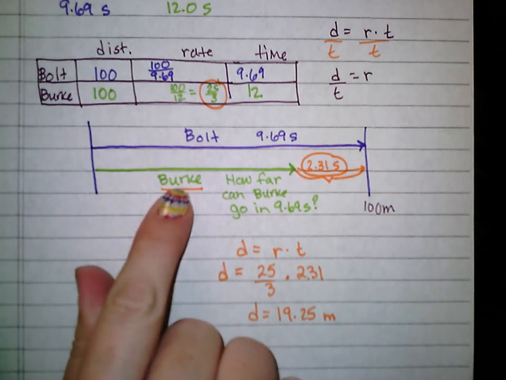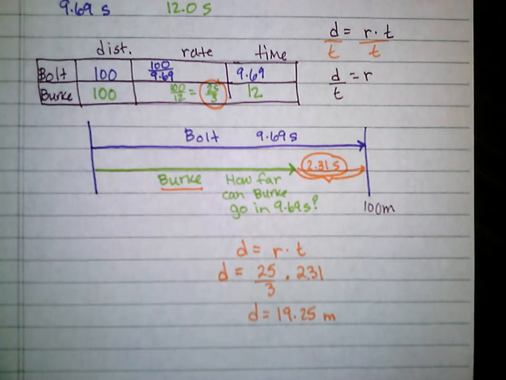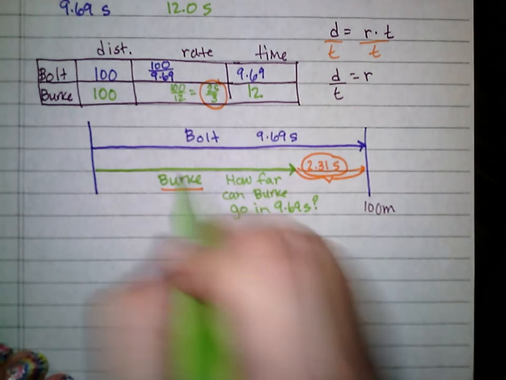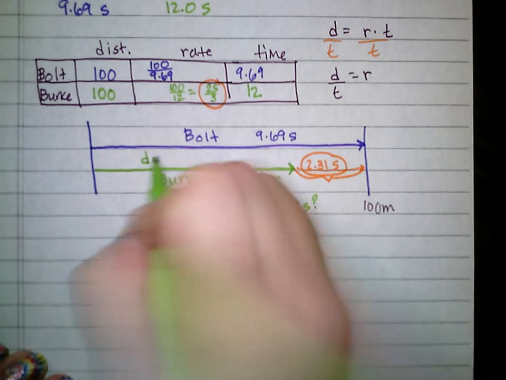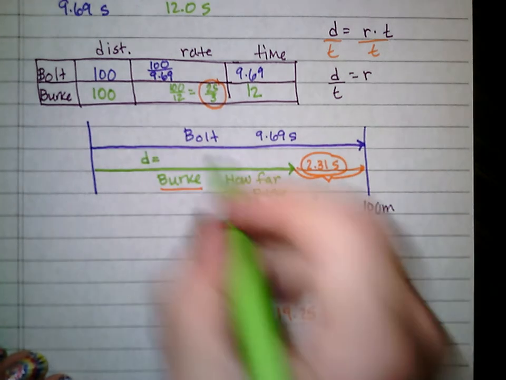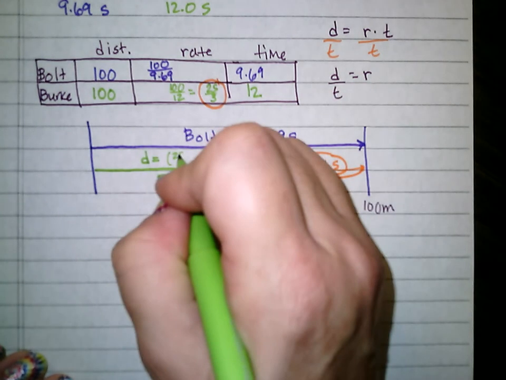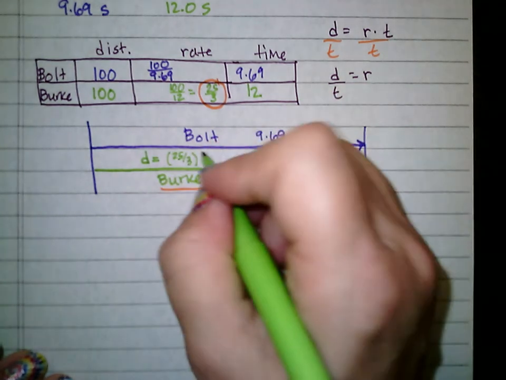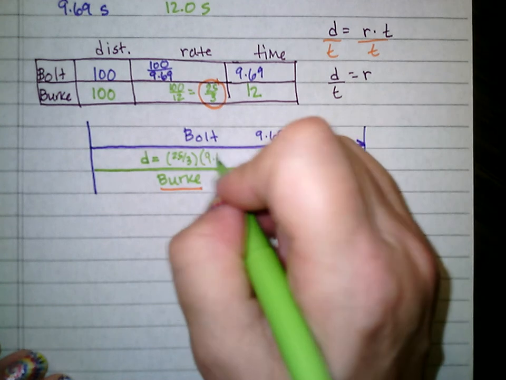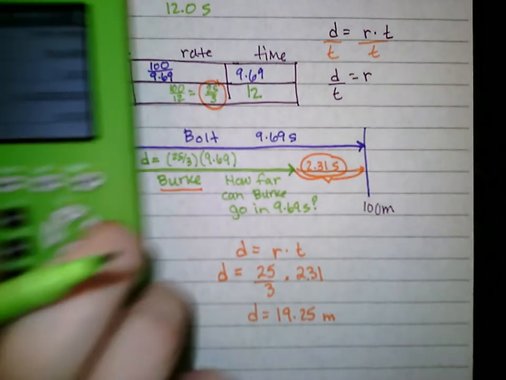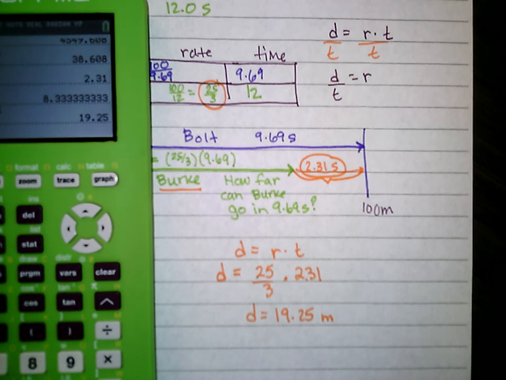Now, if I had gone the other side, I could figure out that the distance he can run in 9.69 seconds would be distance equals his rate, 25 thirds, times his time, 9.69 seconds. 25 thirds times 9.69 seconds.